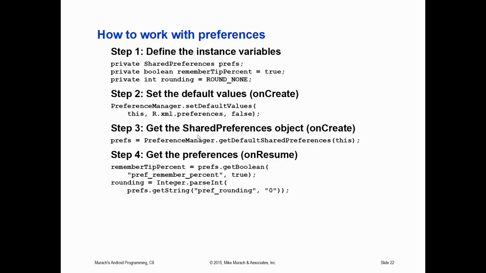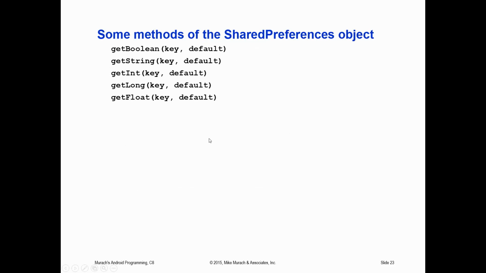In most cases, this returns a Boolean that indicates whether the preference is checked or unchecked. If it isn't able to get a value from the object, it just returns true by default. The second statement calls the getString method and passes the key for the rounding preference, so they can select the option they wanted.